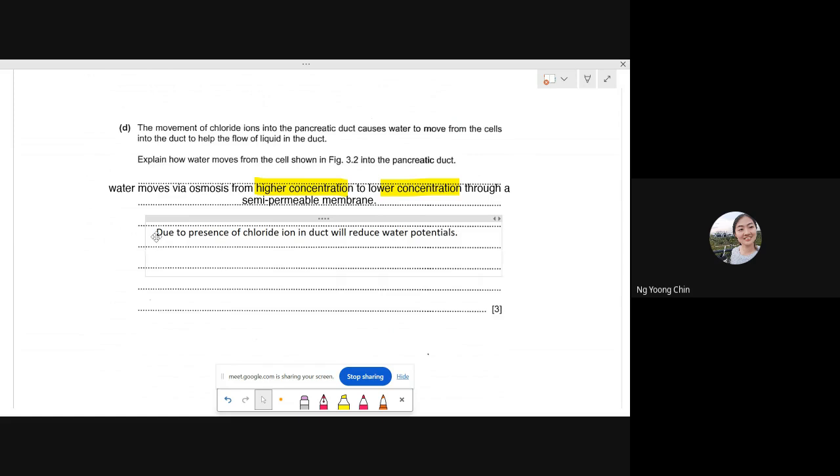So this will cause water to move by osmosis down the water potential gradient, which is from high water potential to area of low water potential. Yes, through the partially permeable membrane. This is you write it in the correct way. Partially or semi-permeable membrane.